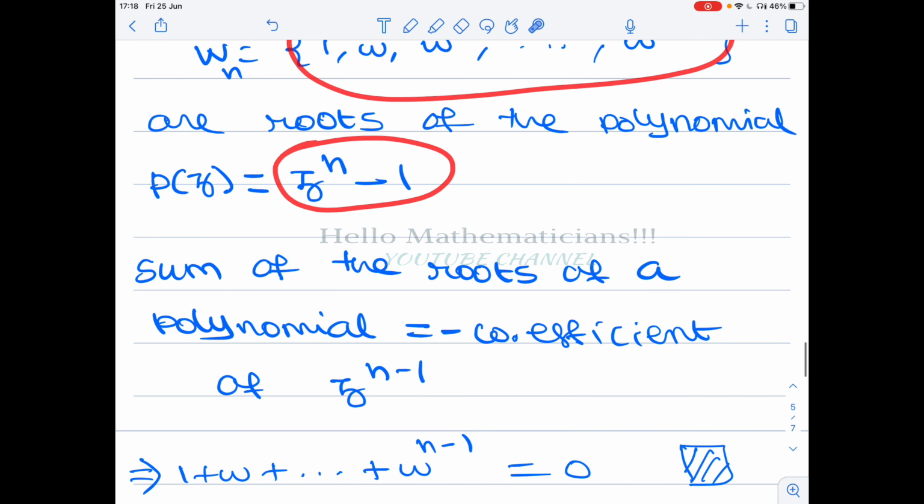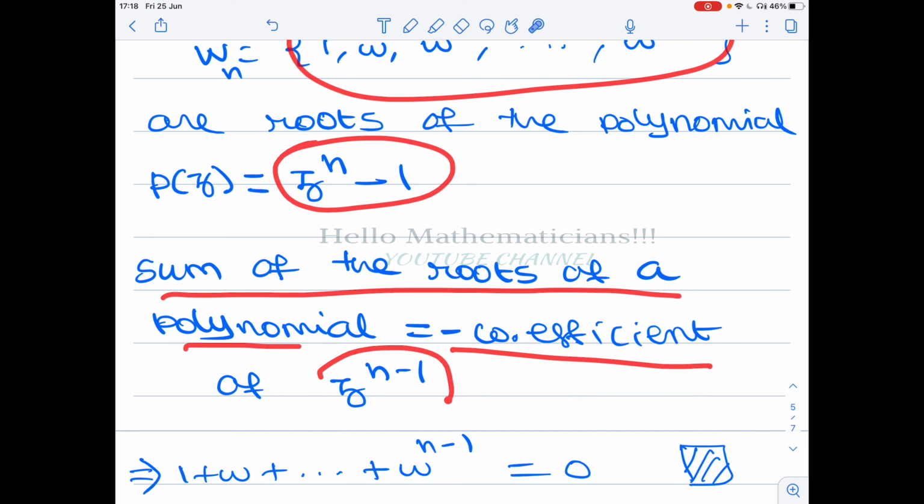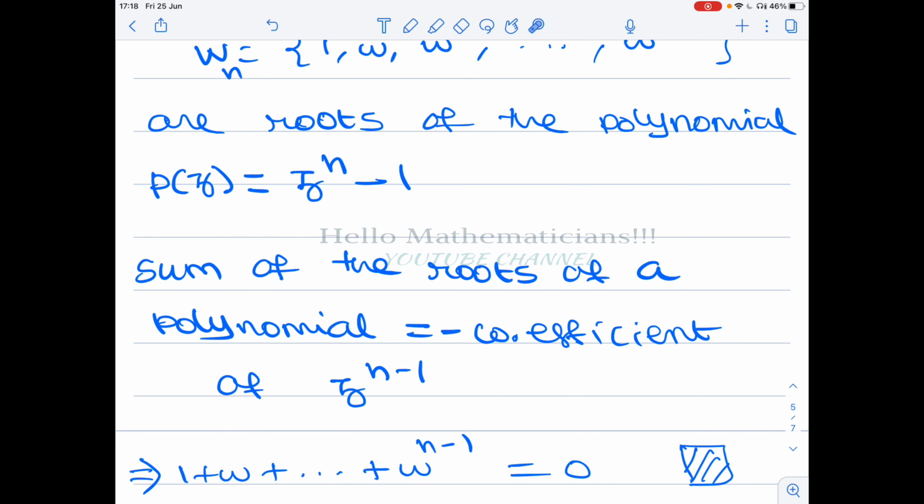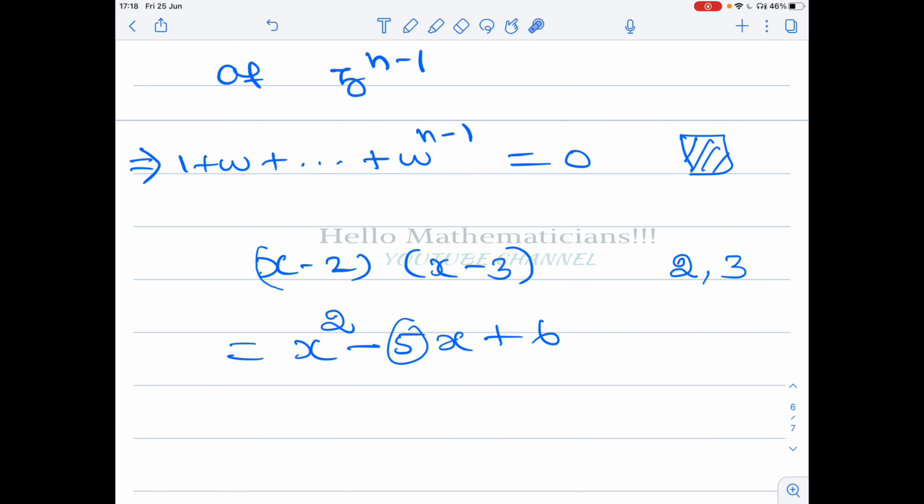Now the sum of the roots of a polynomial is equal to minus the coefficient of the second term. If it is a polynomial of degree n, then the negative of the coefficient of z power n minus 1 will be the sum of the roots of the polynomial. Let's do an example. Consider the polynomial (x minus 2)(x minus 3), whose roots are 2 and 3.